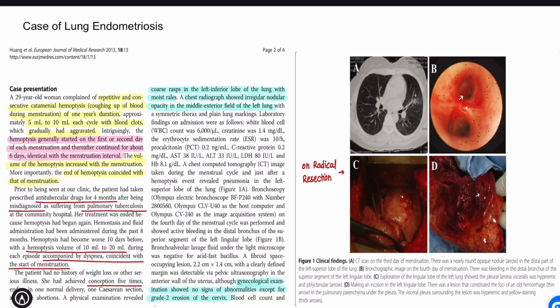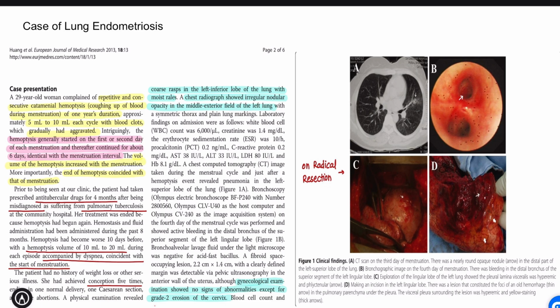Hemoptysis generally started on the first or second day of each menstruation and continued for about 6 days, identical with the menstruation interval. The volume of hemoptysis increased with the menstruation, and the end of hemoptysis coincided with that of menstruation. So it is a very important case.